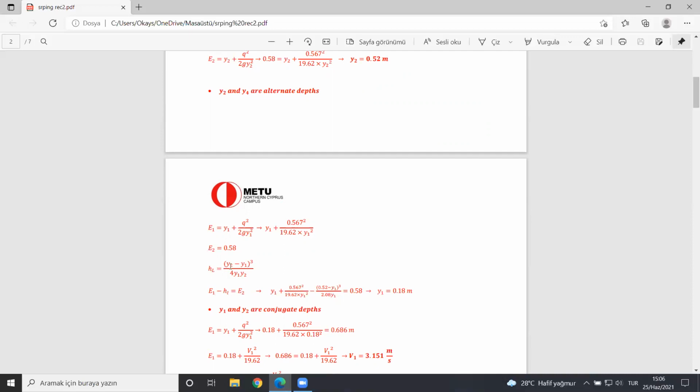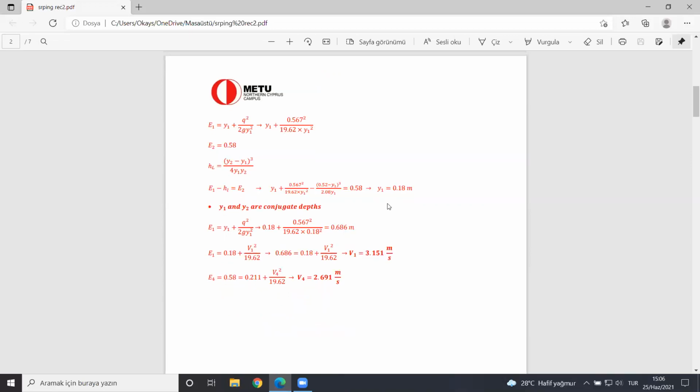We know y2, it was 0.52. And it will be equal to the energy at section 2, which was 0.58. From this equation, y1 corresponds to 0.18 meters. And as I mentioned earlier, y1 and y2 are conjugate depths.